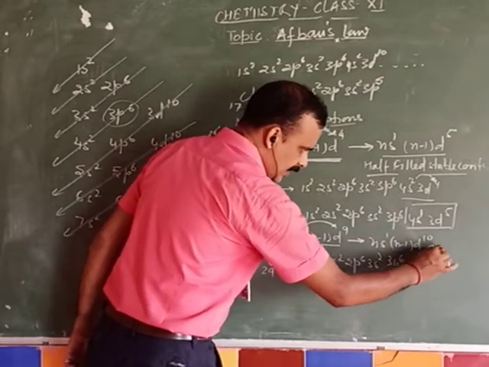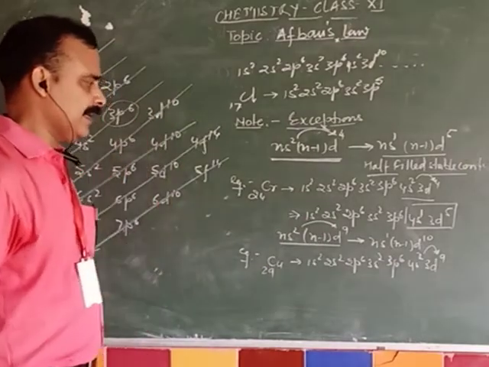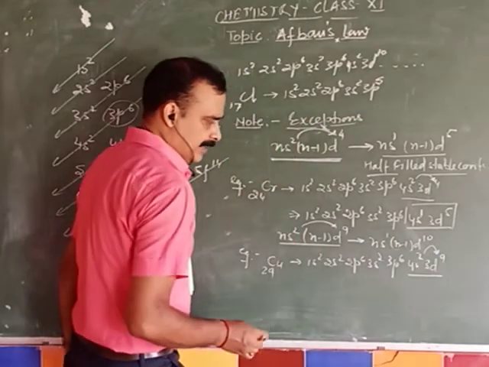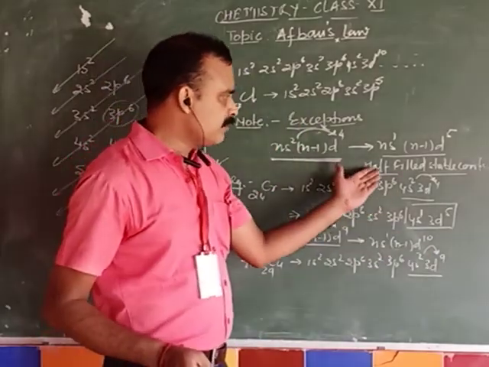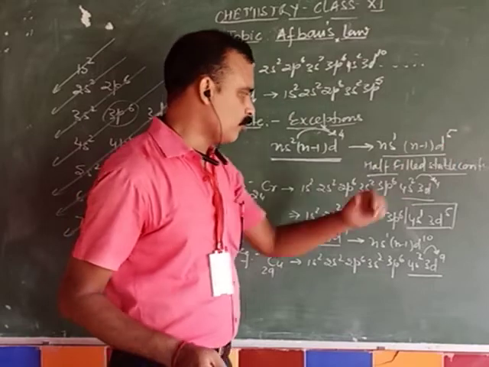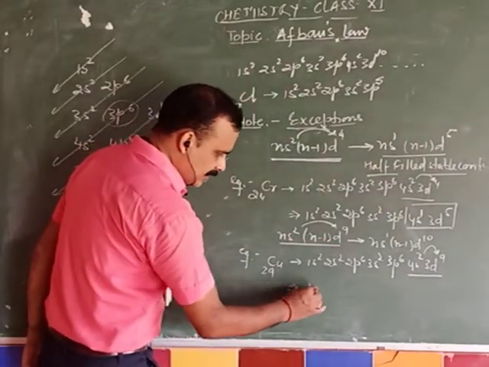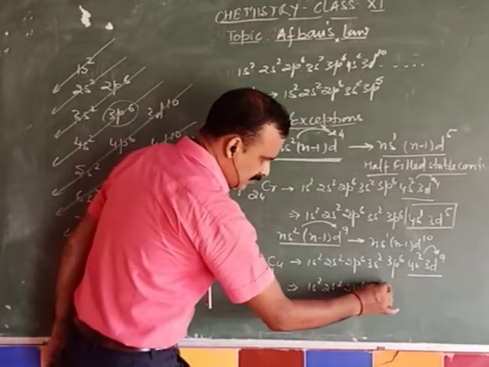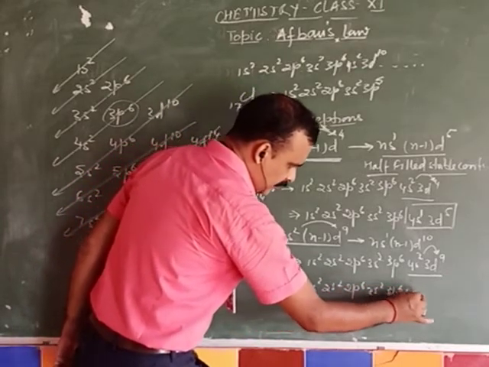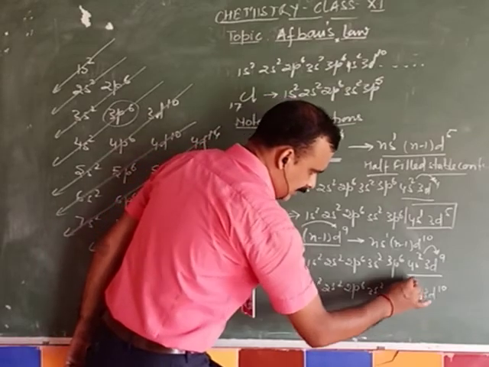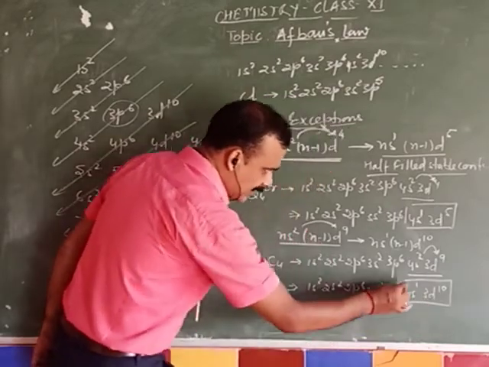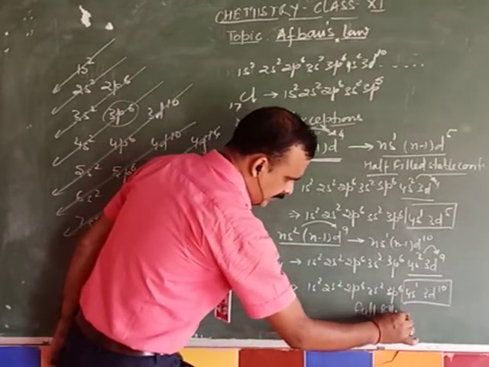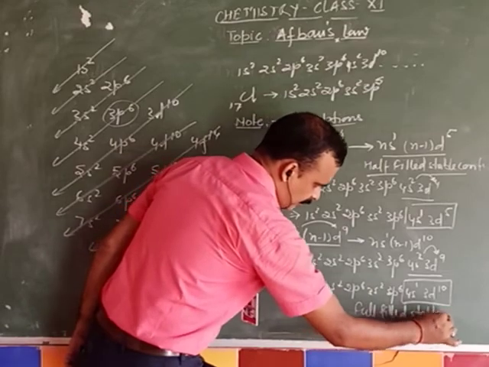You can shift one electron from 4s to the 3d because this is very close to the stable configuration. If d10 is there, it is completely filled, means full filled stable configuration. That's why the configuration gets changed and it is now 1s2, 2s2, 2p6, 3s2, 3p6, 4s1 and 3d10. It is stable one. Why it is stable? Because it is full-filled stable configuration.